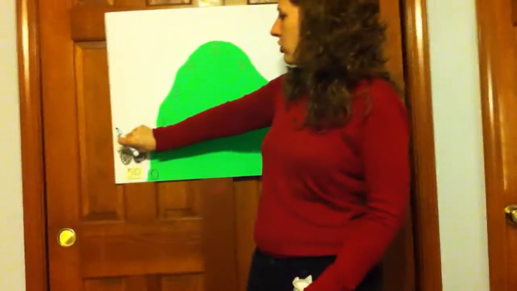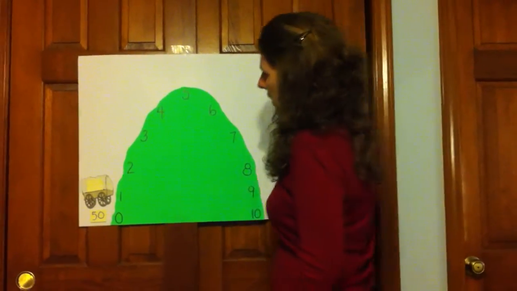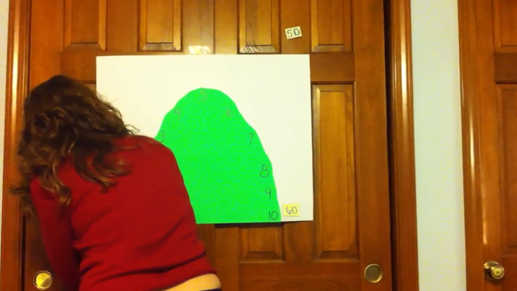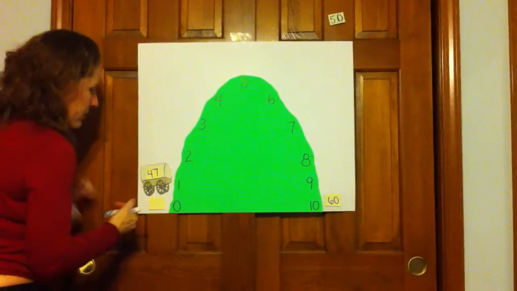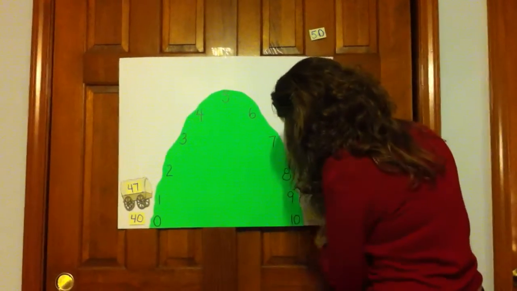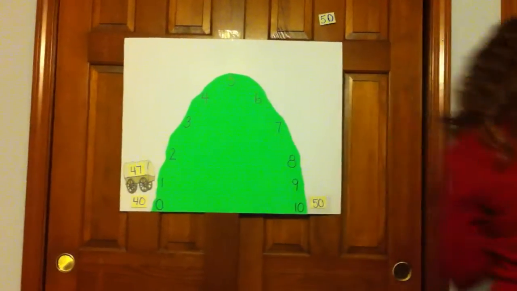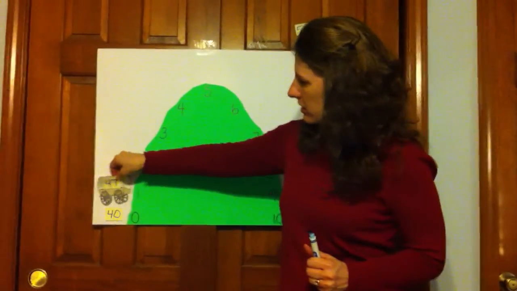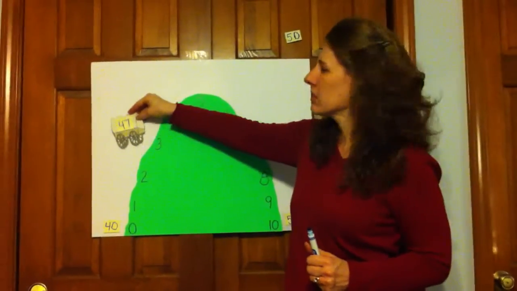Okay, who can give me another two-digit number? 47. Okay, so I'm going to write 47 on here. What would be the nearest tens number before and after? 40 and 50. All right. So we take our wagon. How far on the mountain is it going to go? If there's a 7 in the ones place, how far up is it going to go? 7.